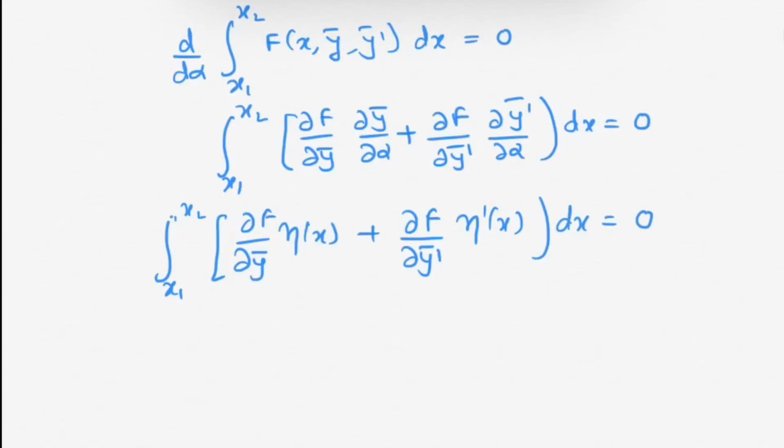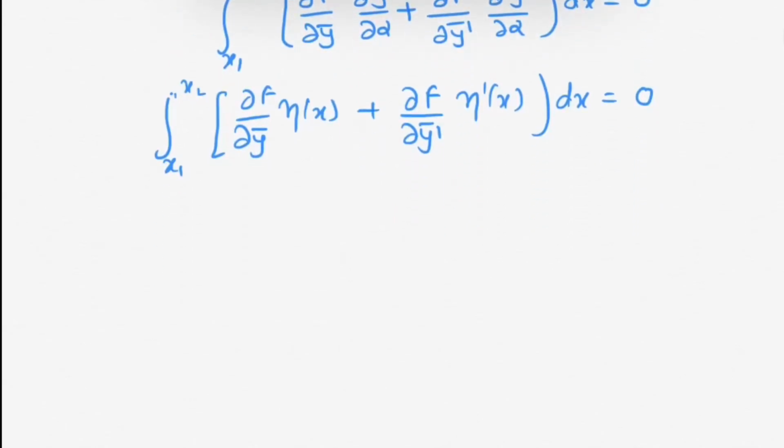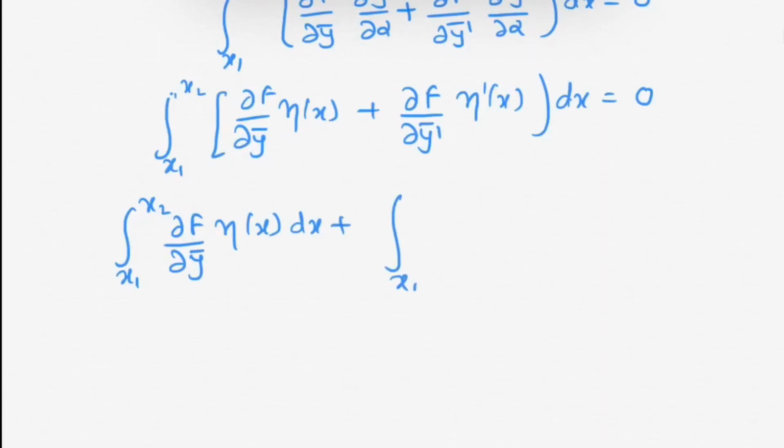Now let's separate these two integrals: integration x1 to x2 del f over del y bar eta x dx plus integration x1 to x2 del f over del y bar prime into eta prime x dx equals 0.